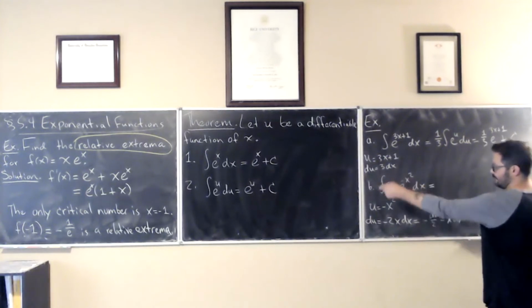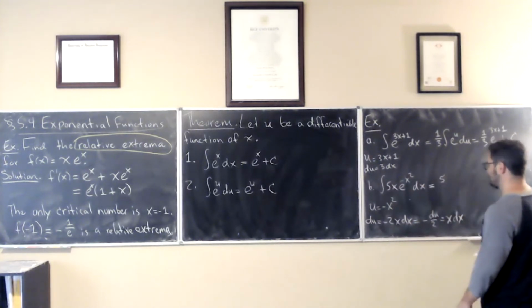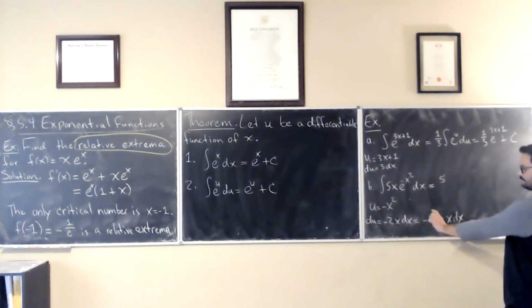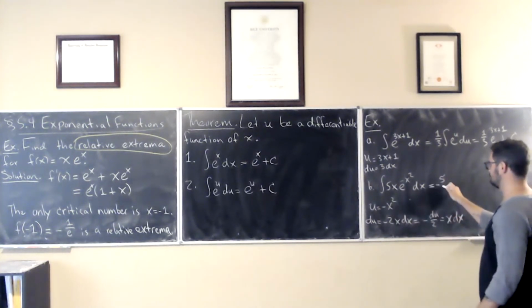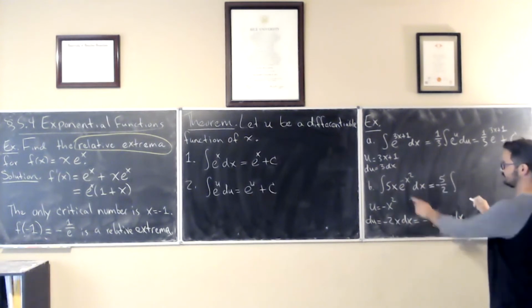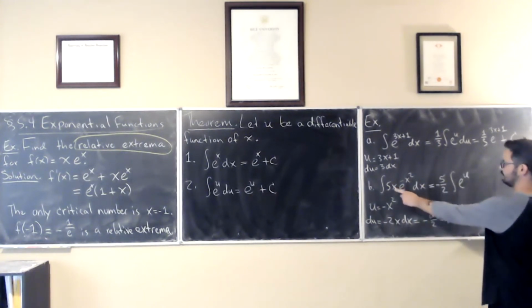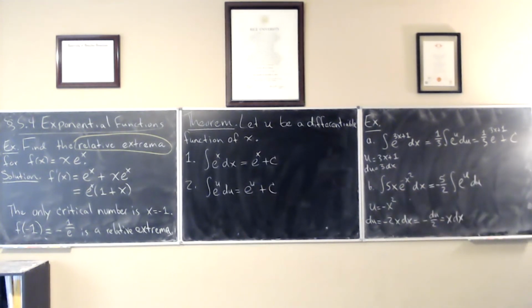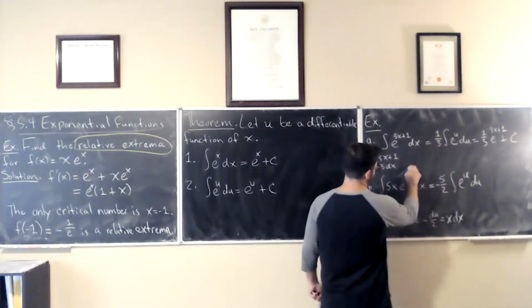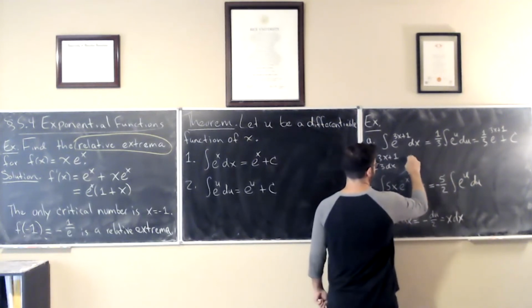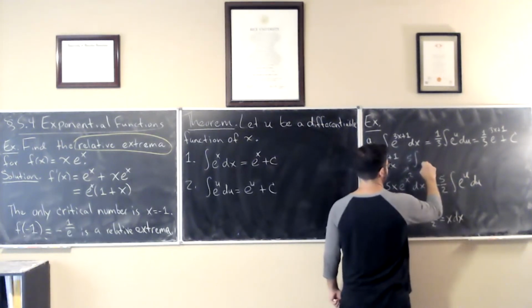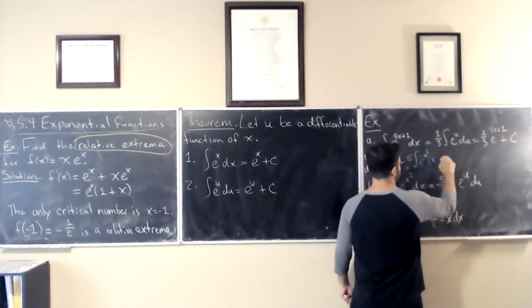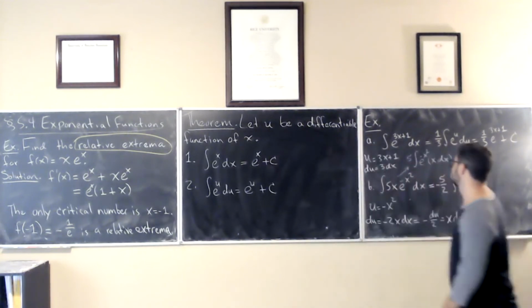So if I take that 5 out, and then if I take the negative 1/2 of du out, I get e to the power u du. In case you don't see it, I took the 5 out, and then I had e to the negative x squared times x dx right there.